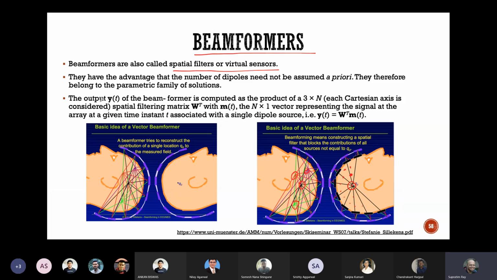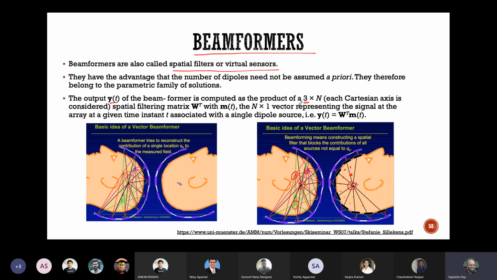Okay, so let me read this out. The output y(t) of a beamformer is a product of a 3 cross n spatial matrix. This 3 comes about just because at each location I've got 3 dipoles, one pointing in the X, one in the Y, and one in the Z direction.